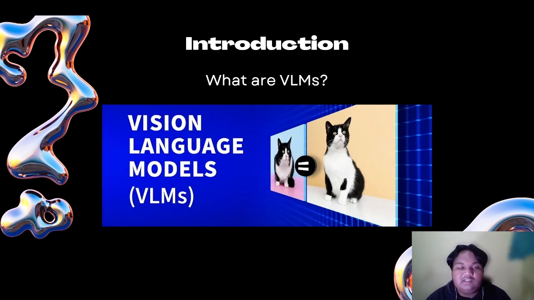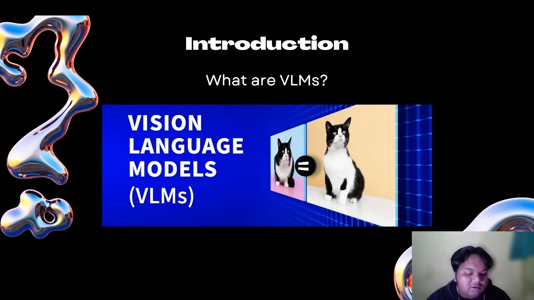And then what are VLMs? VLMs are AI models designed to understand and process information from both visual data, like images and video, and text data, like words and sentences, all at the same time.